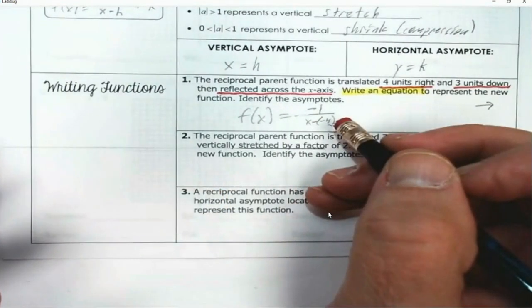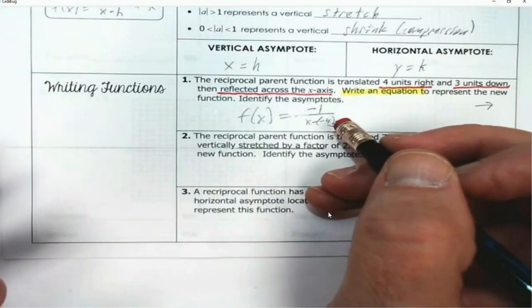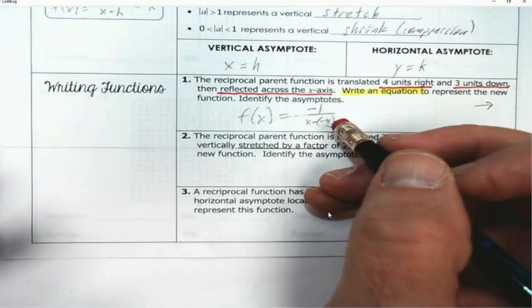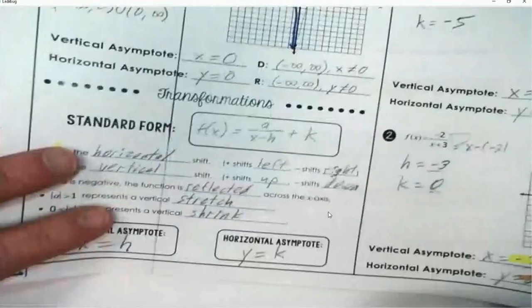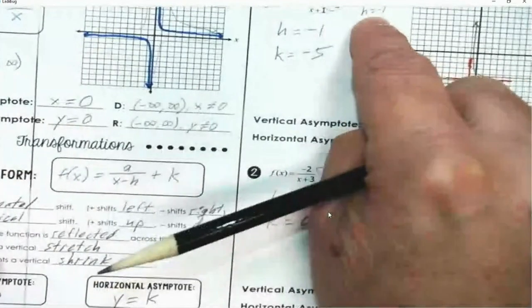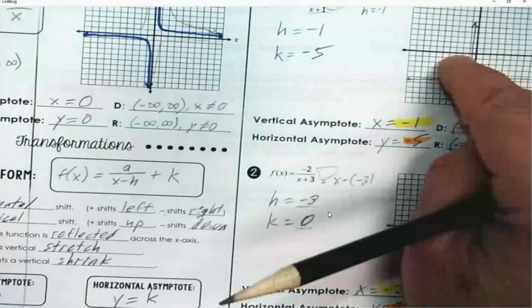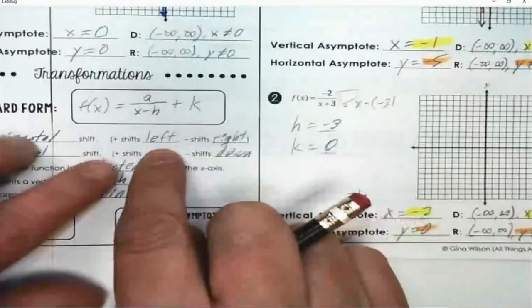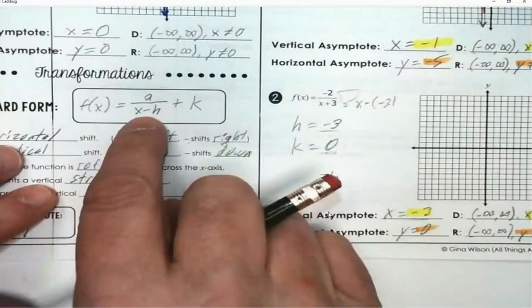Wait, did I do that right? Positive shift left, negative shift right. H is horizontal. Oh, I may have that backwards, because look at this. The H was negative and it went left.